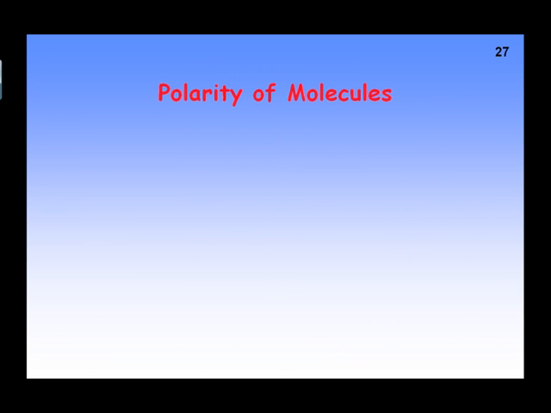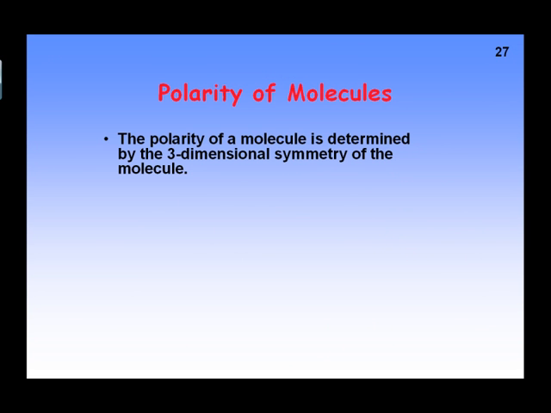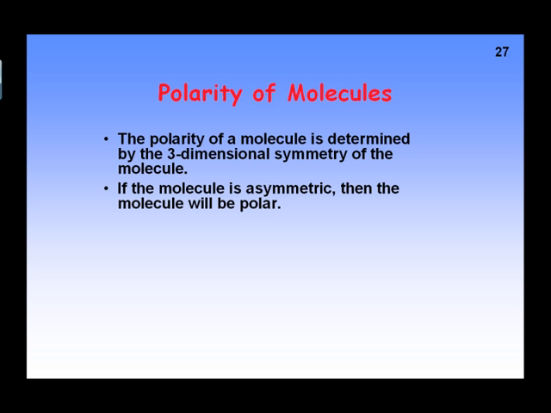Now, when we take a look at entire molecules that are made up of multiple atoms, we look at the symmetry, the three-dimensional symmetry of the molecule. So you really have to picture these molecules as if they're put together with a molecular model kit. If the molecule is asymmetric, meaning you can't really cut it down the center and have it fold upon itself, then the molecule itself will be polar.